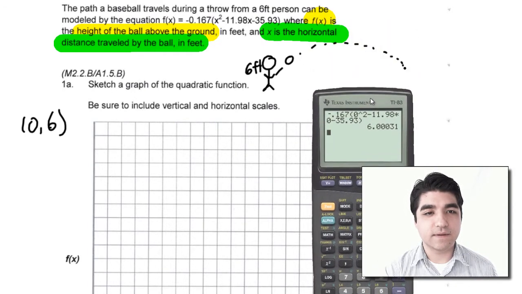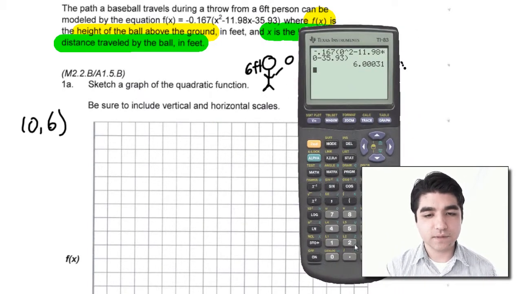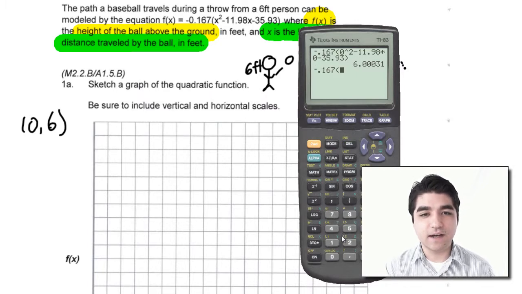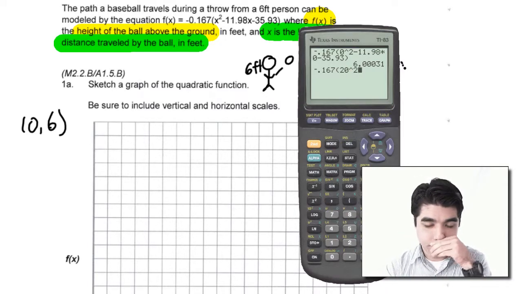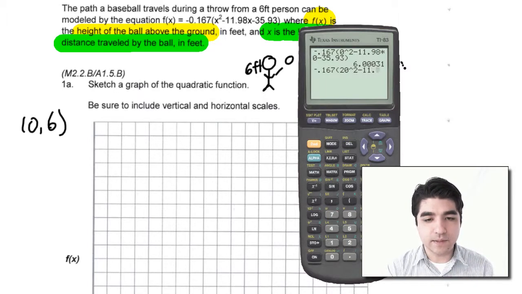Now let's see how far this thing goes. Let's try 20 for x: negative 0.167 times 20 squared, minus 11.98 times 20, minus 35.93, equals negative 20.